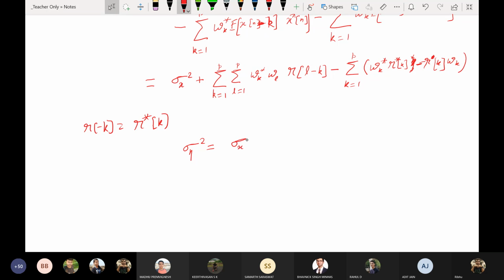So now we have sigma eta square as sigma x square plus summation k equal to 1 to p, summation L equal to 1 to p, wk conjugate wl r L minus k, minus twice the real part of wk rk summation.